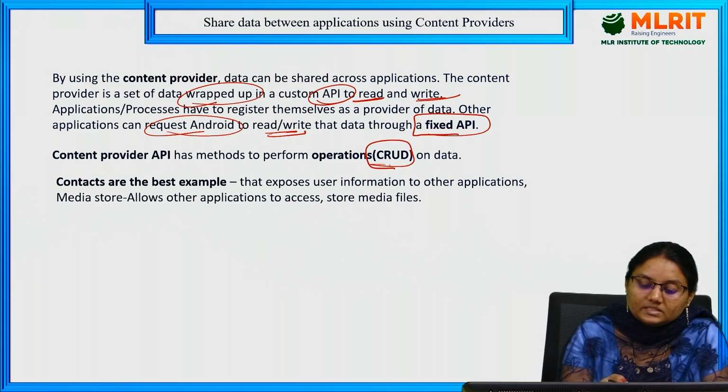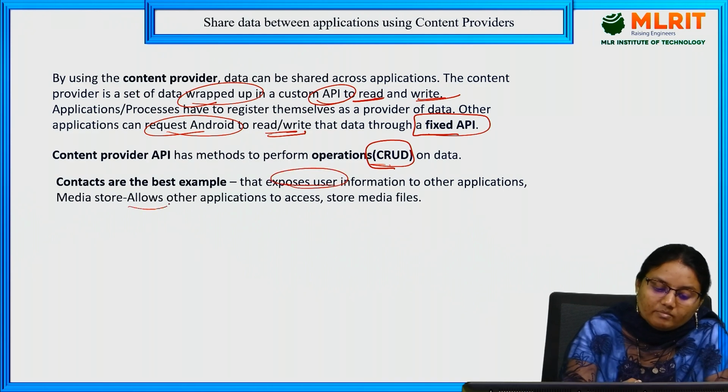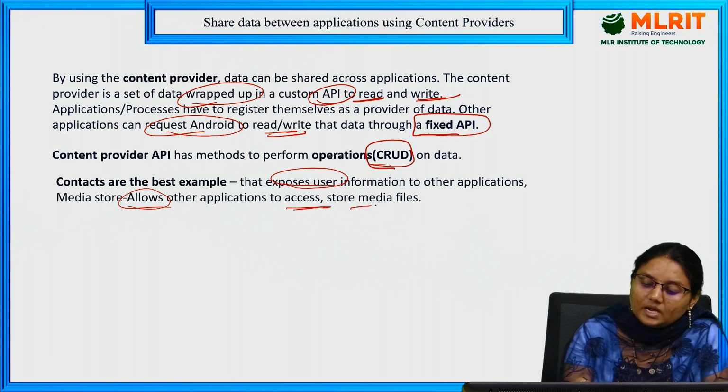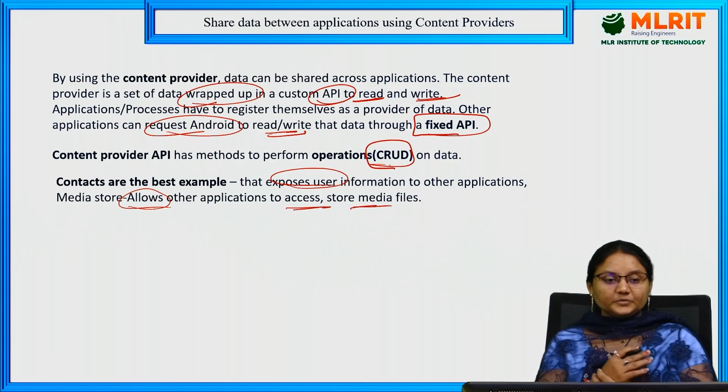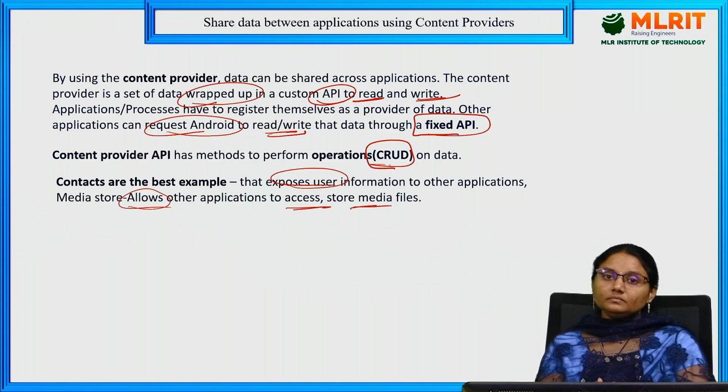Contacts is the best example that exposes user information, and media store allows other applications to access stored media files. Suppose you are using Google Maps, then it will try to know your current location.